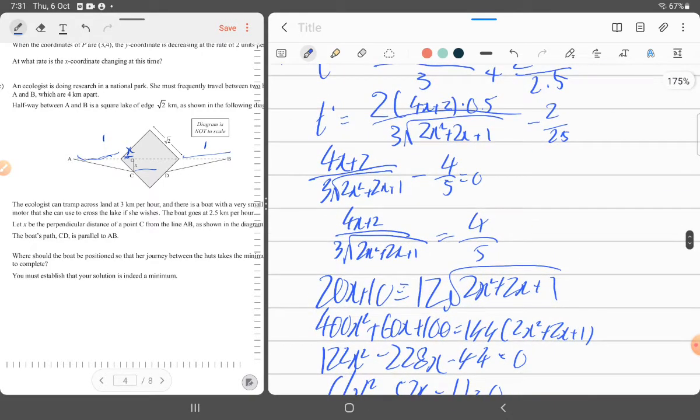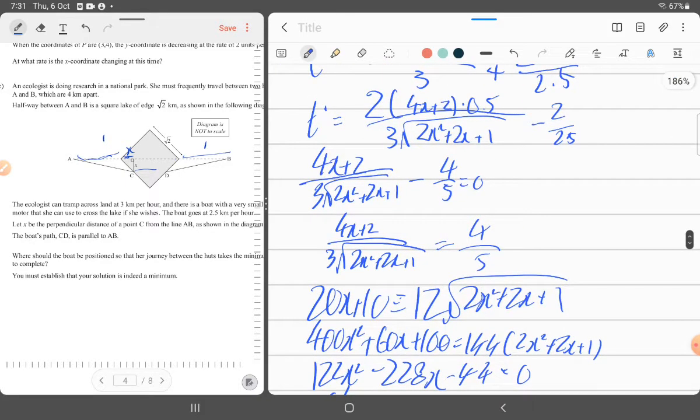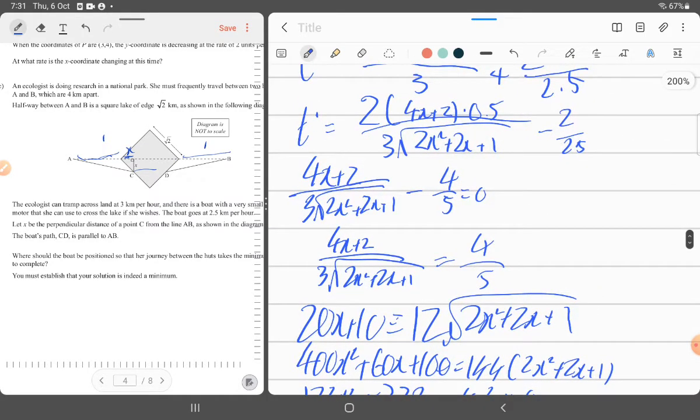4x plus 2, take away 2.5. So 4x plus 2 over 3, take away 4, which is 12. 12 square root.